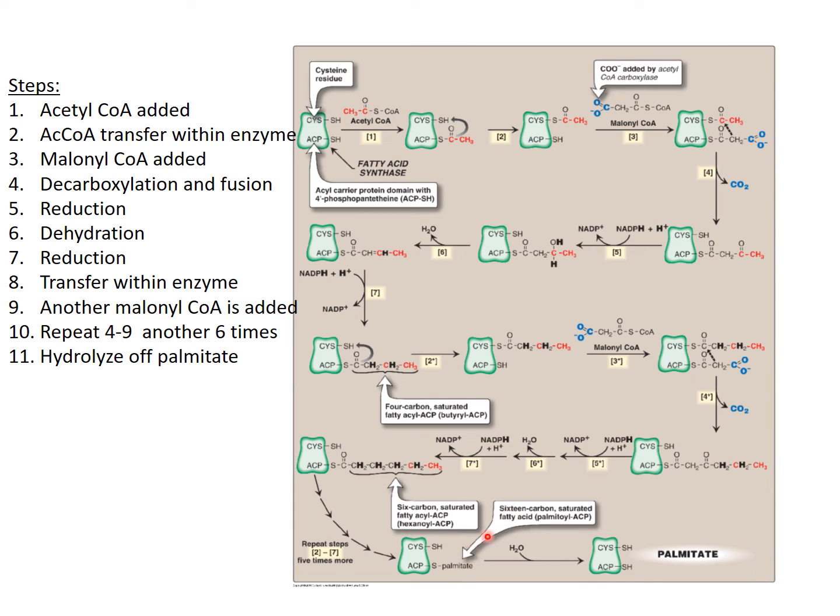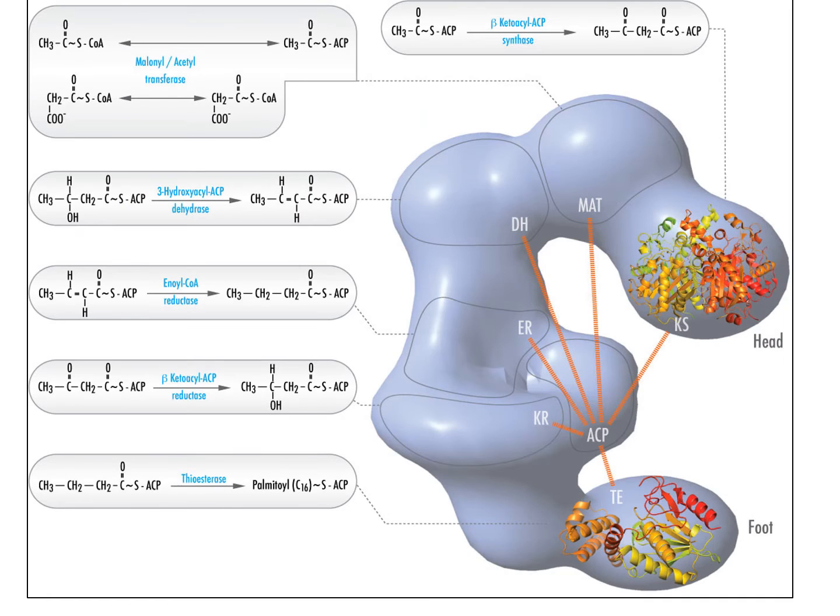And then the last activity of the enzyme is actually taking this fatty acid off from the fatty acid synthase. And this is this beauty here. This is just amazing.